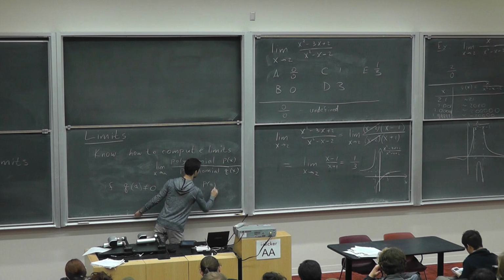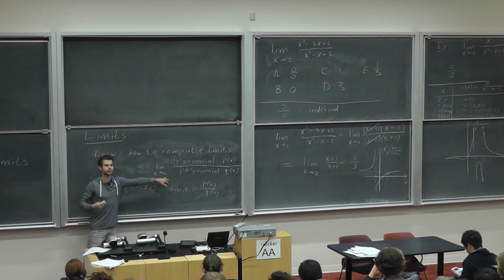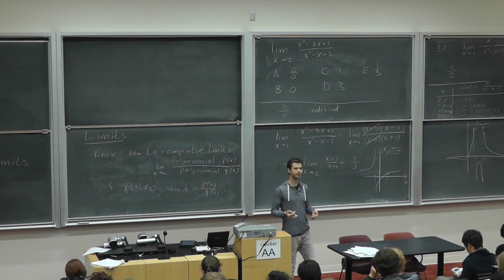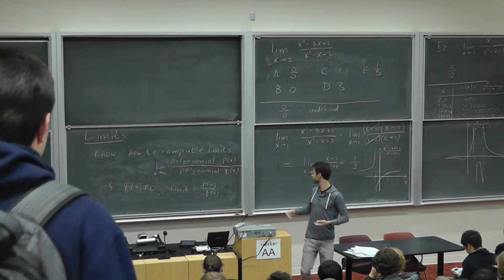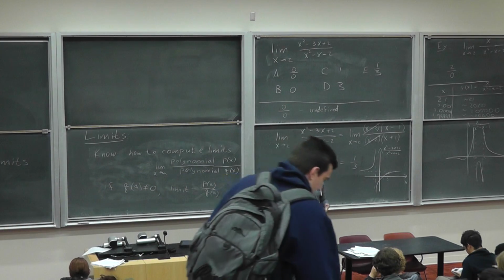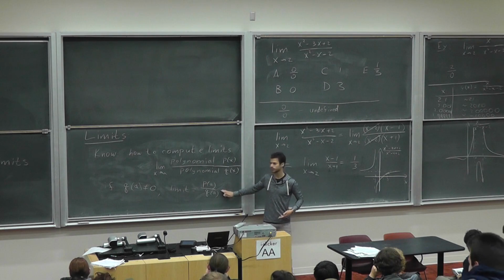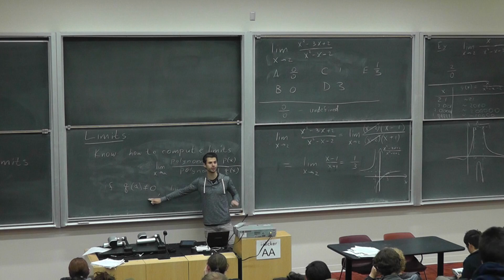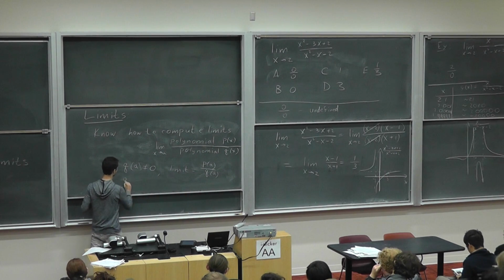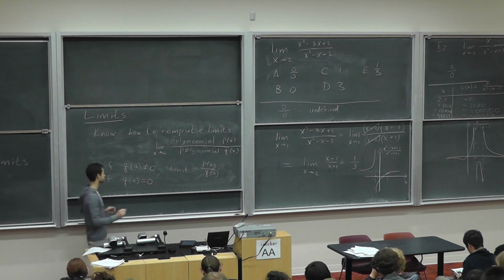The limit is P of A divided by Q of A. So if you know that as x approaches A, the denominator approaches a non-zero number, the numerator approaches P of A, the denominator approaches Q of A, the quotient approaches the quotient P of A divided by Q of A, no problem. If the denominator is not 0 at this point. If Q of A is equal to 0, we have two cases.